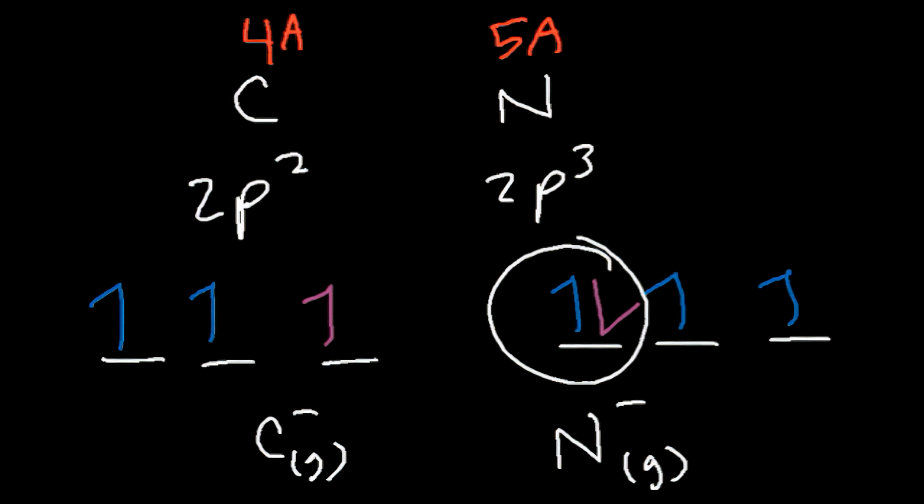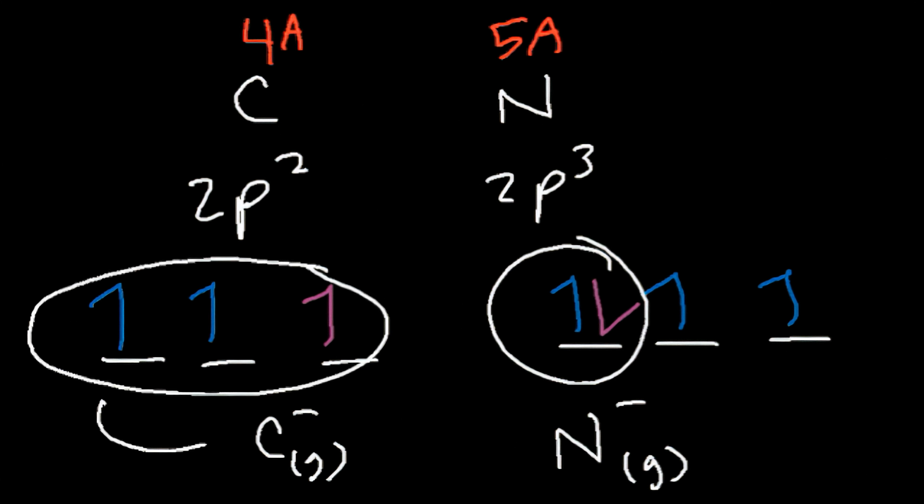When you add an electron to carbon, you will create a fairly stable ion. But when you add it to nitrogen, the ion won't be as stable due to the electron repulsion. And so that's why group 4A elements are more exothermic than group 5A elements in terms of electron affinity.